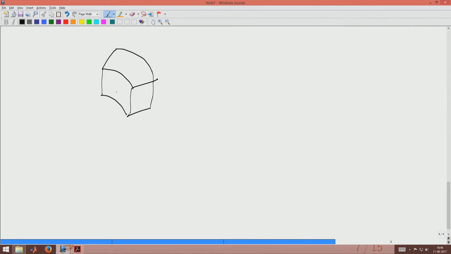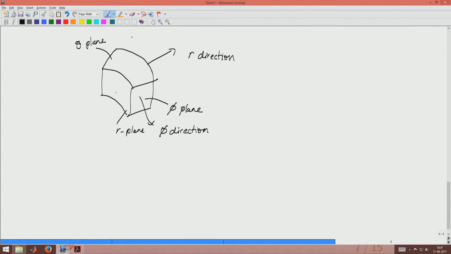This is a radial plane, an r plane, this will be a phi plane, and this will be a theta plane. Similarly, this is the r direction, this is the phi direction, and this is the theta direction.